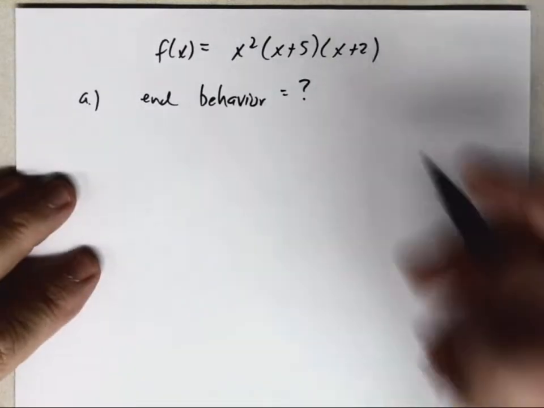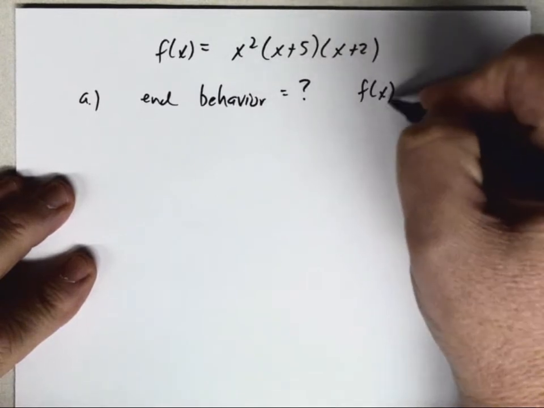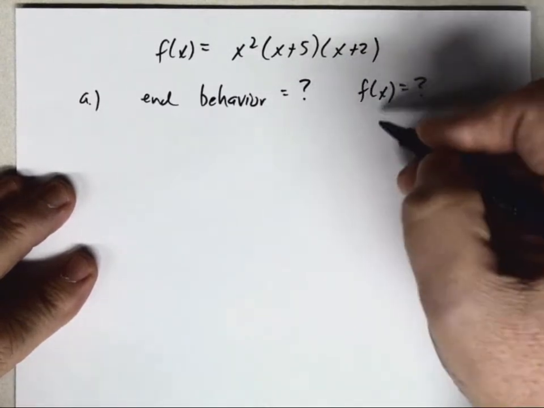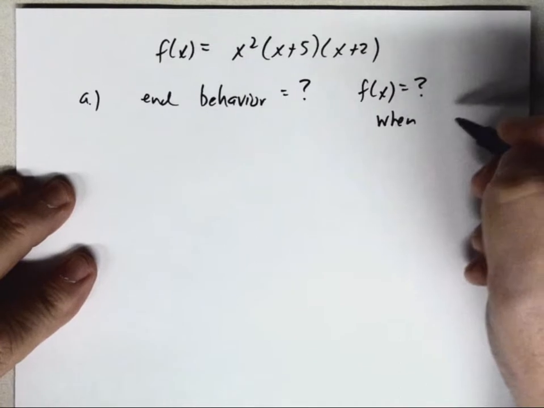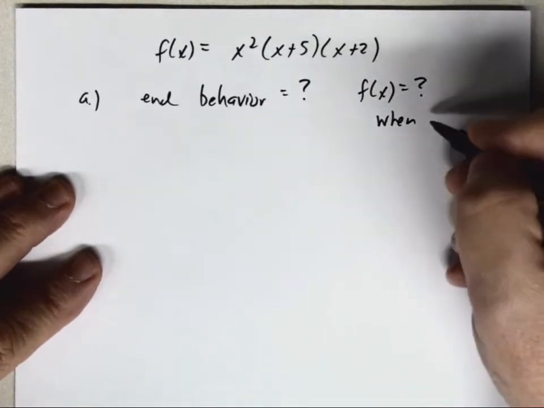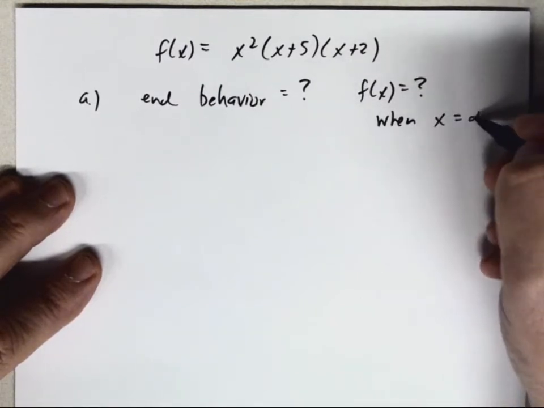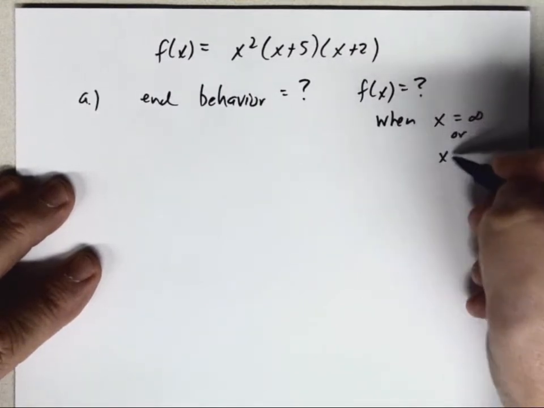End behavior means, what does your function equal when x equals infinity?